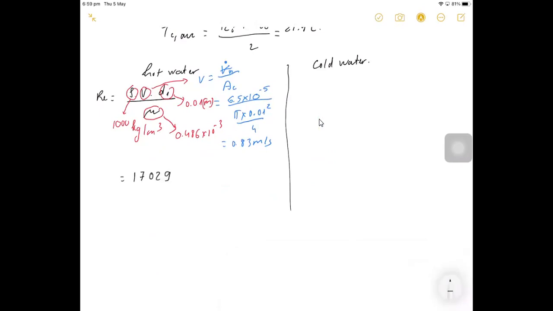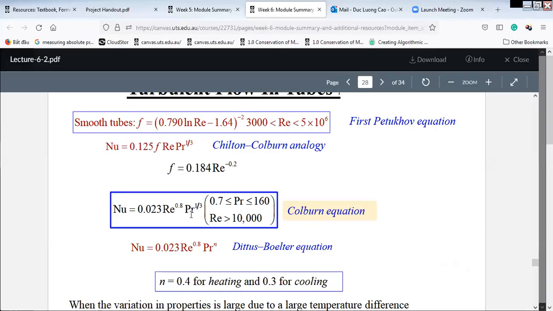And this one is higher than 10,000, so this is fully turbulent flow. For fully turbulent flow, we can use this equation for the Nusselt number: Reynolds number higher than 10,000 and Prandtl number from 0.7 to 160. Our Prandtl number is 3.12. Okay, so you can use the equation.